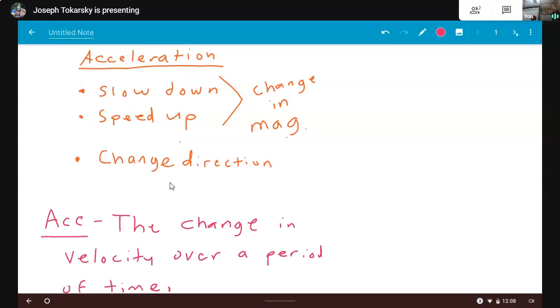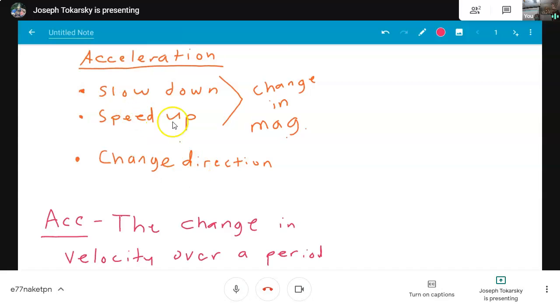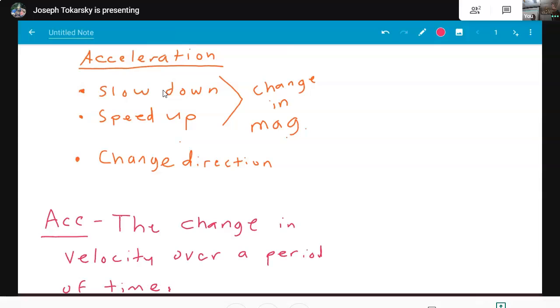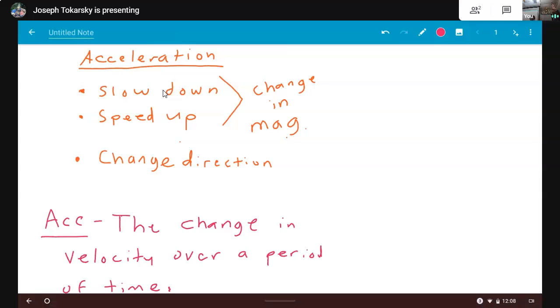So if we're stuck in one dimension and we just keep going one way, then the only way to accelerate is speed up and slow down. So early part of the year, these two forms are the ones you're going to see most used as an example for acceleration. When we get into 2D motion, especially circular motion, cars going around turns, we'll study that, and the friction needed to hold them on a turn, stuff like that later on.